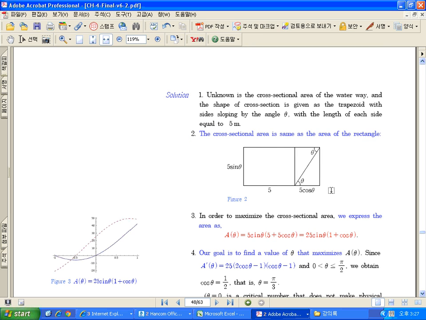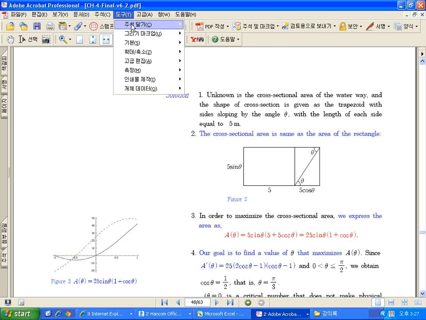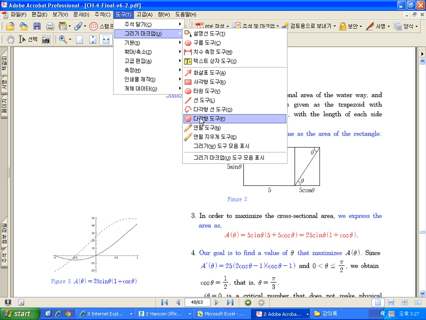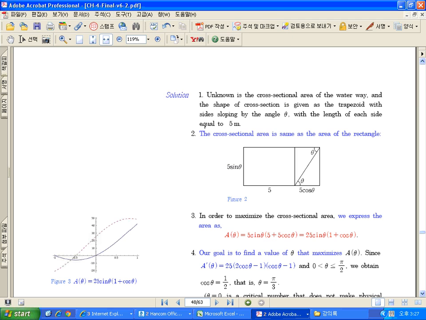So we may draw the graph of the situation, now that we understand the problem. We have a waterway like this. But this area is the same as this one because we have the same theta here.